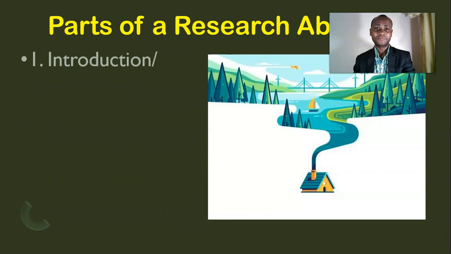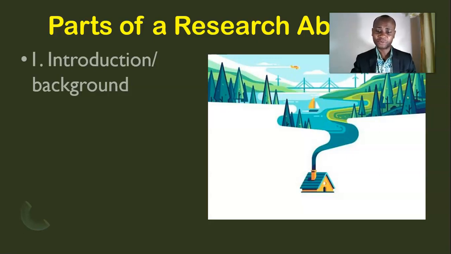Okay, so the first part of the abstract is the introduction. So the abstract needs to have an introduction. Again, I'm talking about a standard research abstract. Sometimes if you read papers, they begin with the aim or the purpose. Okay, it's not bad. However, that is not a standard abstract.